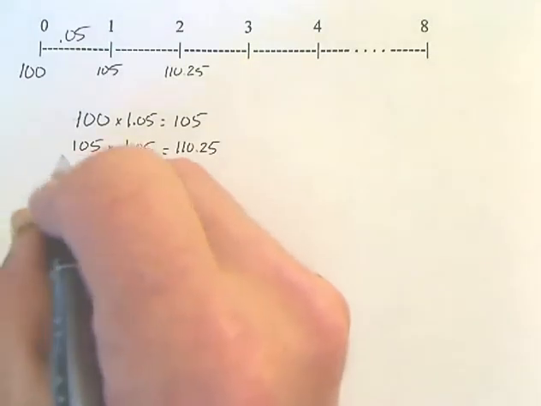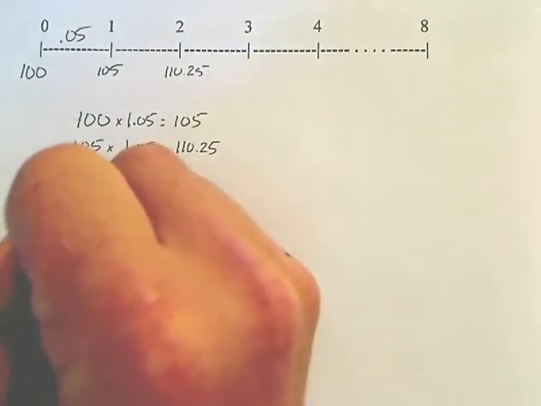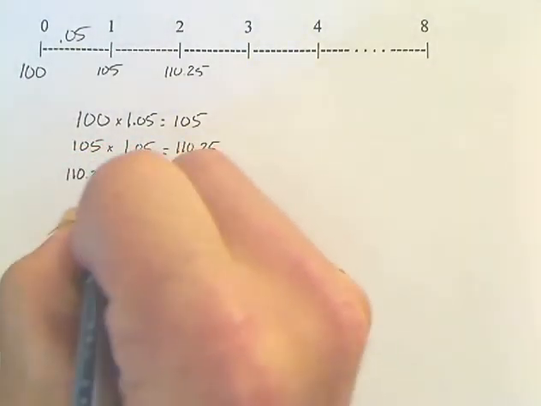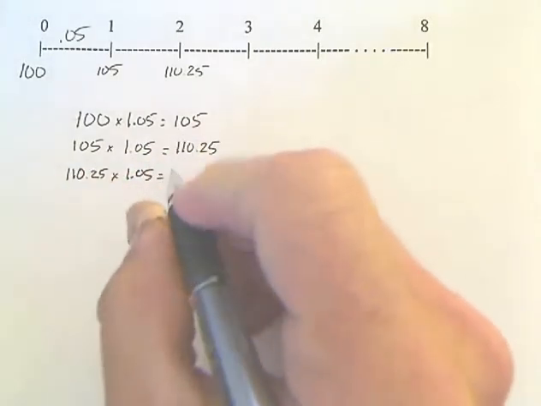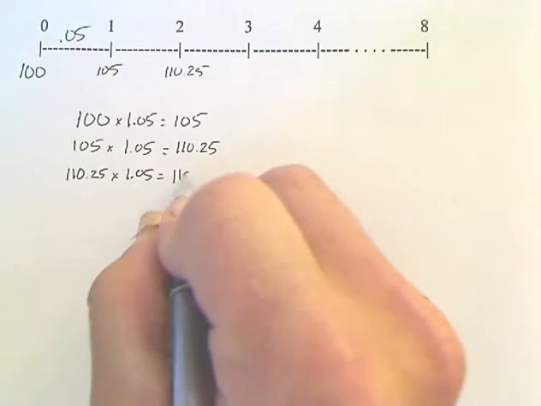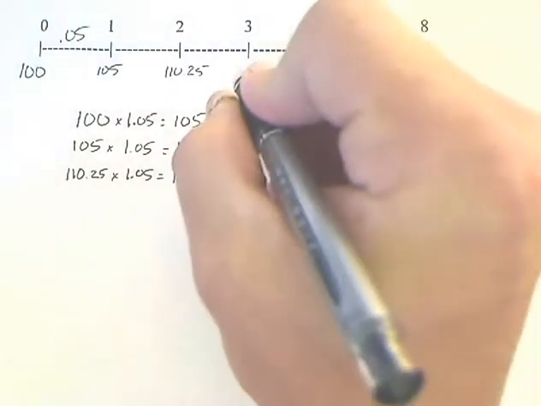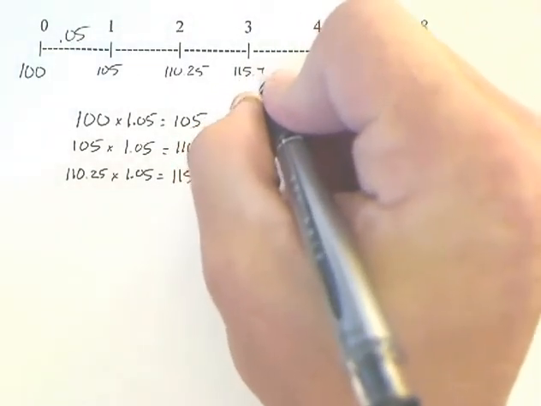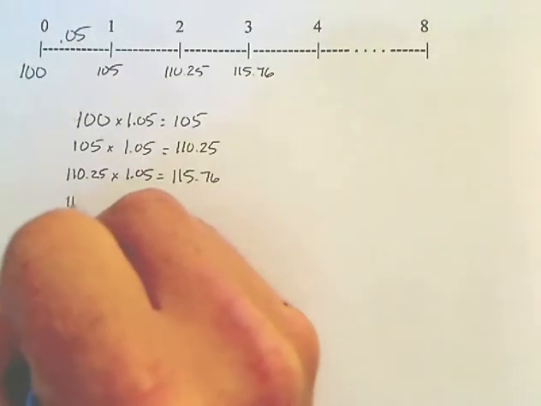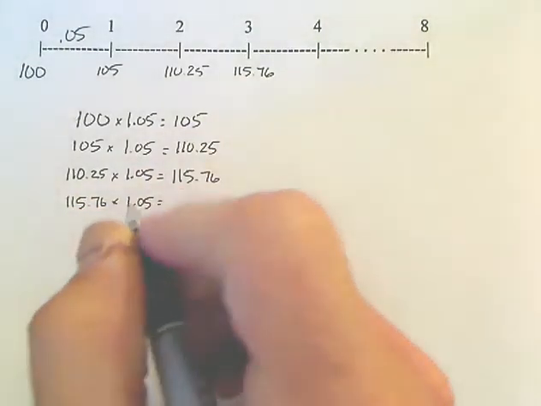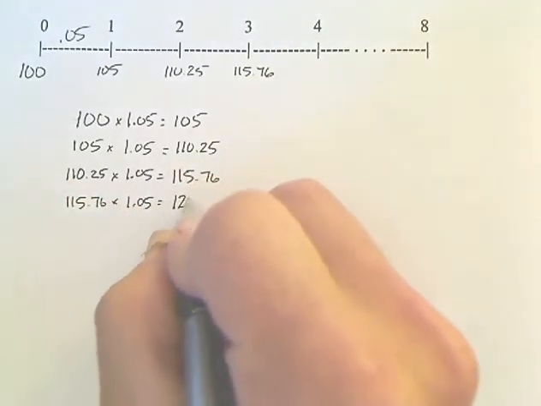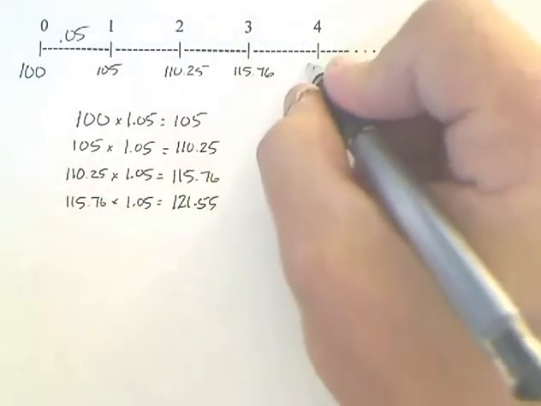So continuing the process, we'll take our 110.25 and multiply that by 1.05 to get 115.76. And then we'll take our 115.76 multiplied by 1.05, and you'll get 121.55.